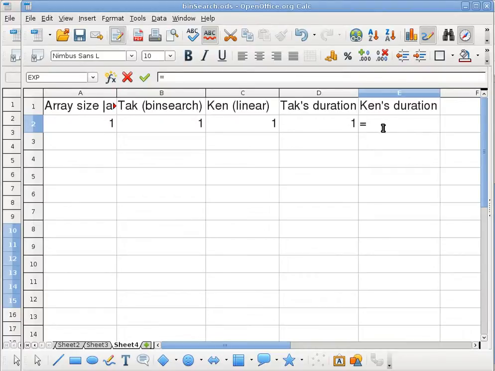So we'll just say that Can's computer will take the number of iterations that is needed, and we can multiply that by this number here, because his computer is a whole lot faster. Is that okay so far? Does everybody understand the numbers, what they mean? Okay, so I don't even bother to specify, are we talking about 1 microsecond, 1 millisecond? No, it doesn't matter. It's just a ratio that matters.